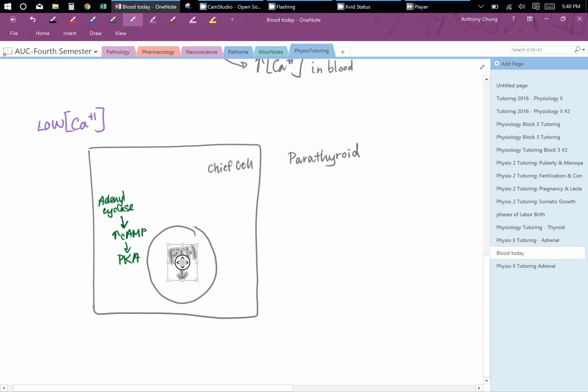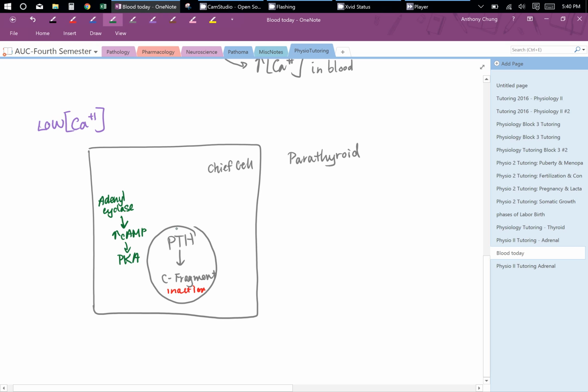And in the vesicles, this PTH is continuously getting degraded into these C terminal fragments. And C terminal fragments are inactive. They don't do anything.